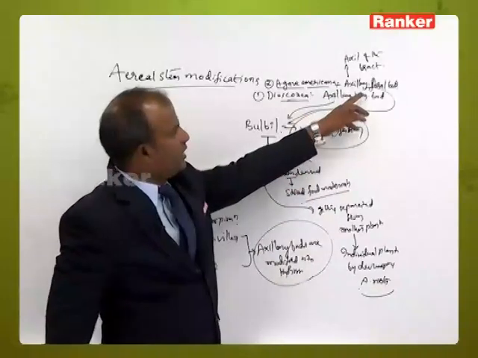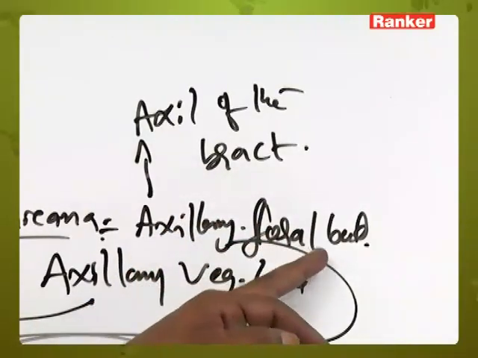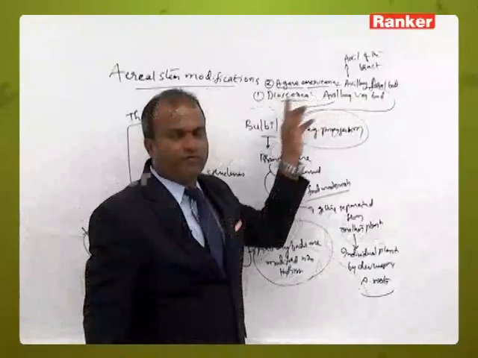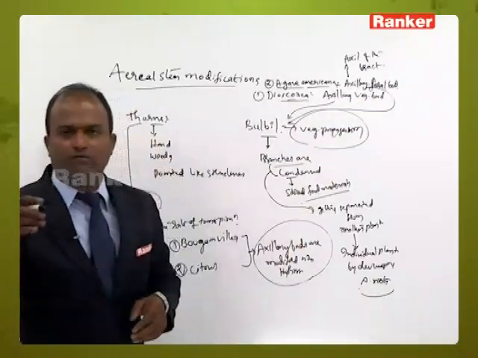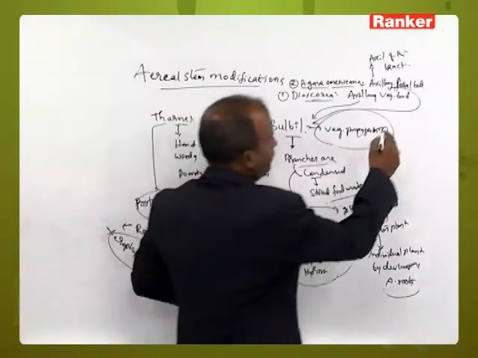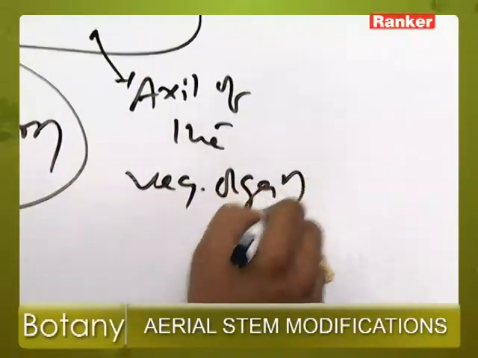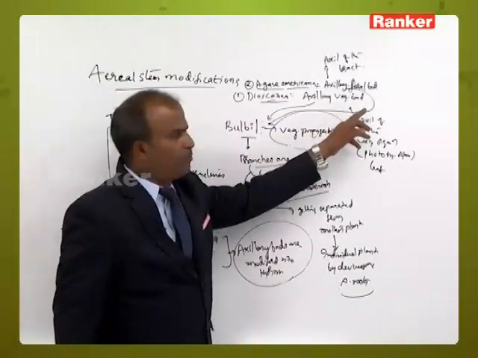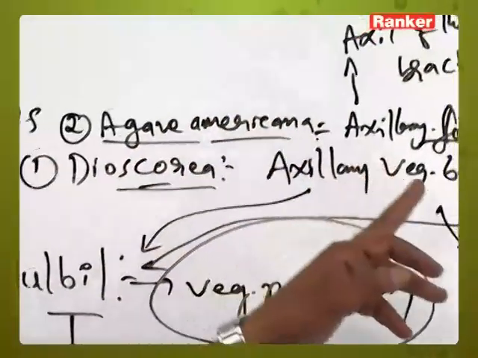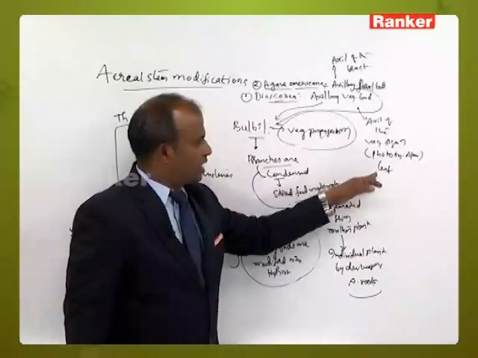So I said axillary floral bud, because from the axil of the bract, a floral bud arises. But in Dioscorea, the axillary vegetative bud develops from the axil of the vegetative organ, that is the photosynthetic organ, the leaf.